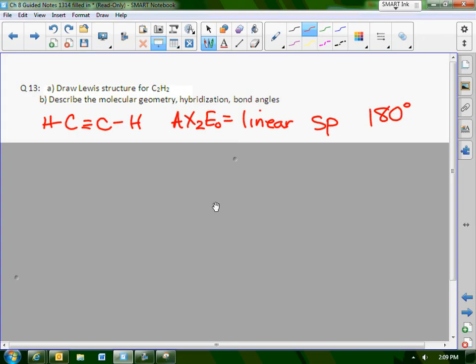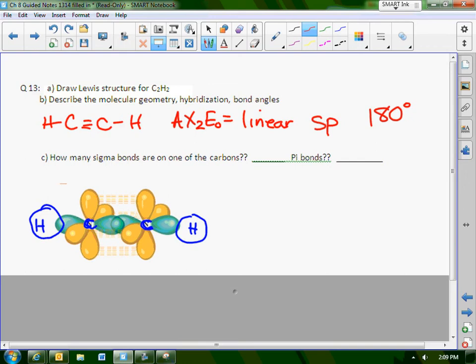So what we see here when we draw this is, and I pulled it in from down here, the blue ones are our sp hybridized electrons, right?